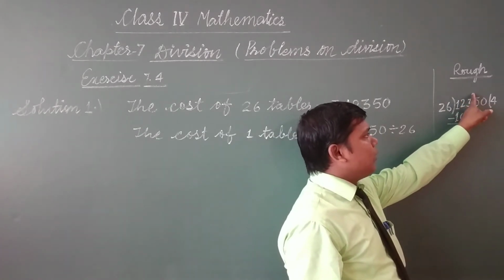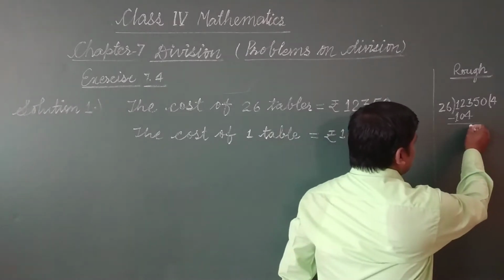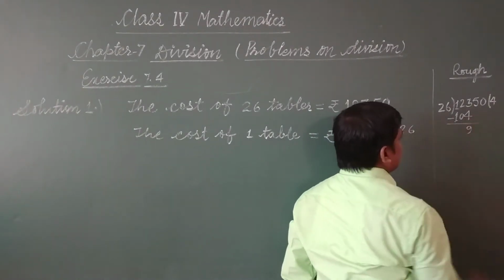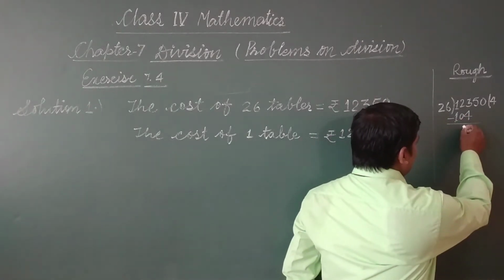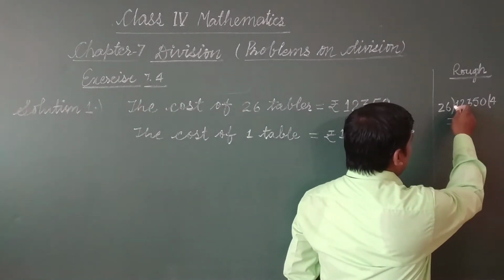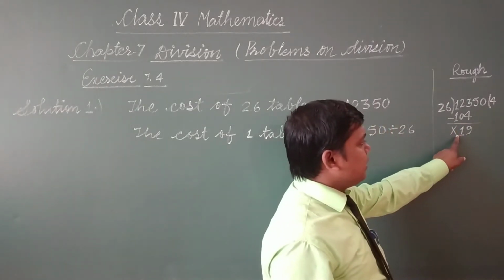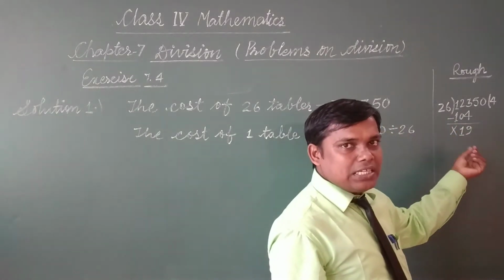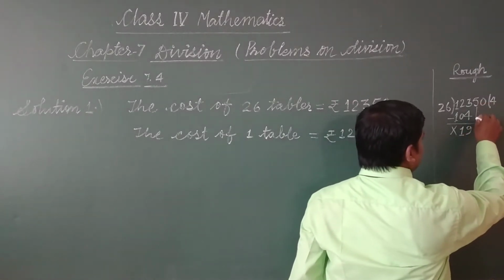So 1 borrow will come here, so it will become 13, and 13 minus 4 is 9. Then it will be left 1 minus 0, 1, and 1 minus 1, 0. Instead of writing 0, I have crossed it. Now what comes down from here?